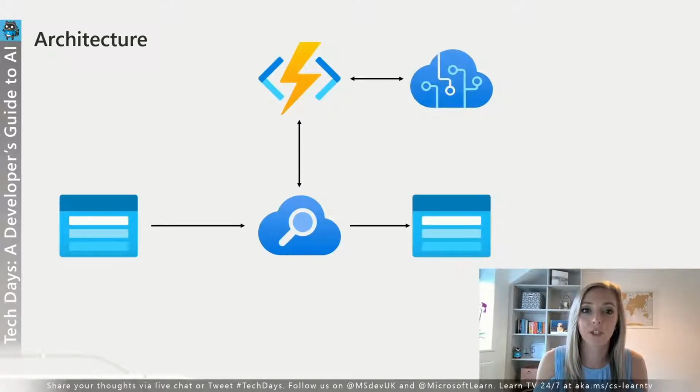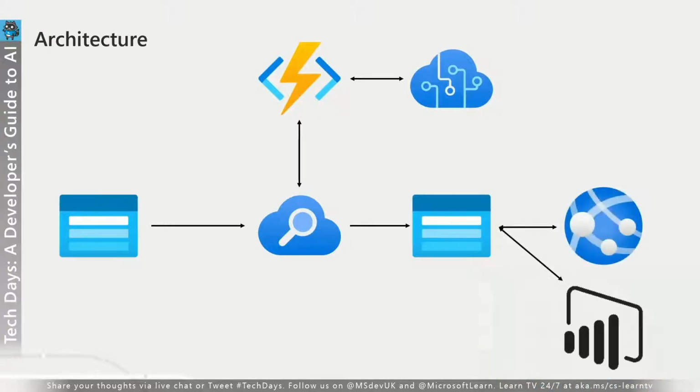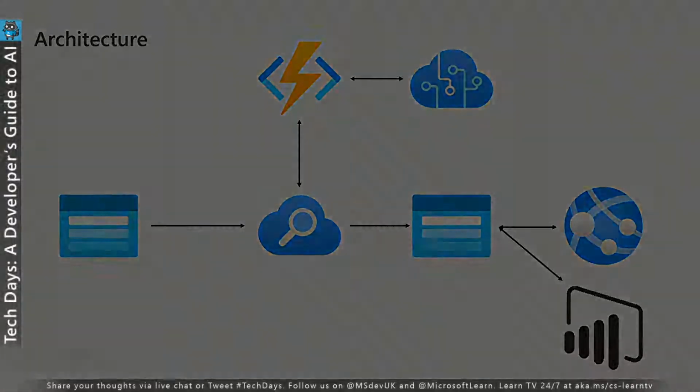Once we have our enriched documents, we can actually store them in something called a knowledge store with Azure Cognitive Search. And from there, we can then have any kind of front-end application. So whether that's a web application with a search service, or whether we're actually outputting that data and analyzing it in a business intelligence tool such as PowerBI. So let's go and take a look at what this looks like.